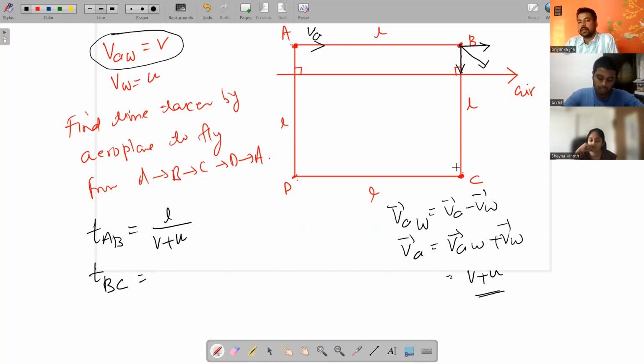So for that, the aeroplane has to start at some angle like this, so that this is the velocity of the aeroplane with respect to air, and if you add the velocity of air, the vector sum would be the net velocity along the line BC. Understood?